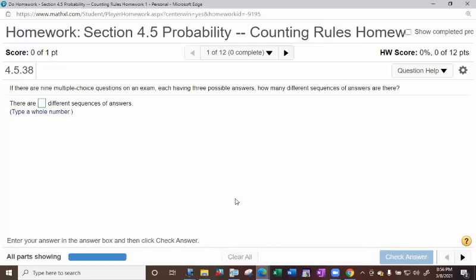Okay. So we're starting out with those multiplication problems. So basically you got 3 choices in the first one. You got 3 on the second one, 3 on the third one. That's going to happen 9 times. So how about 3 raised to the 9th power? How does that sound? That would just be 3 times 3 times 3 times itself 9 times.